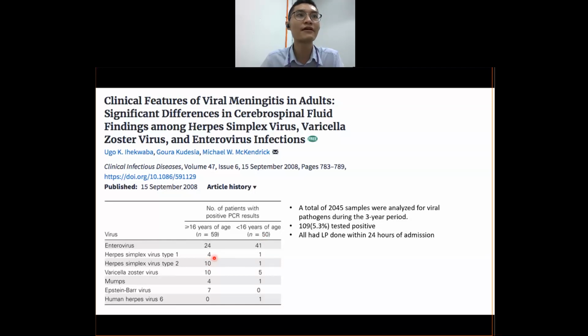Also, Epstein-Barr virus you do not usually see in patients less than 16 years old. So depending on where you work, your suspicion of the types of pathogen your patient might have may differ.